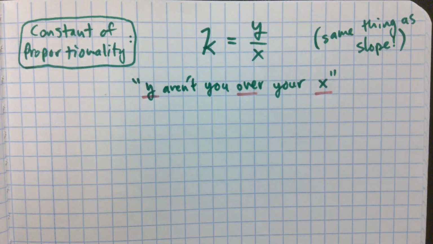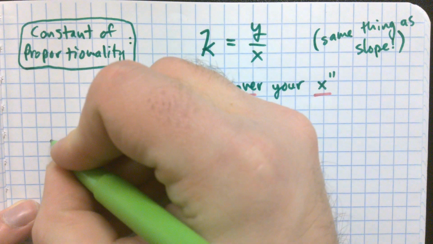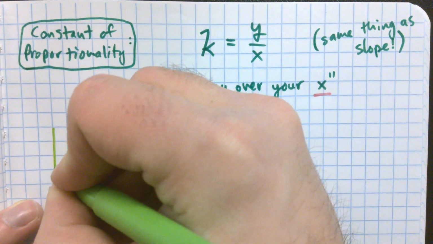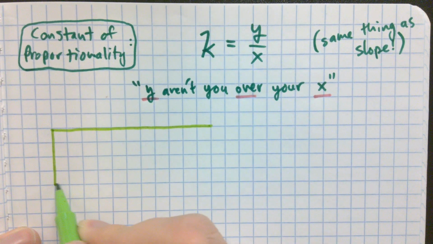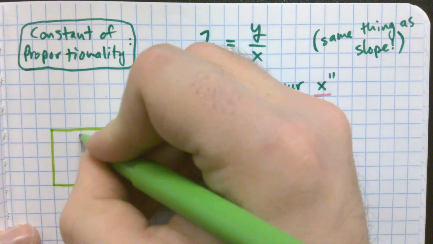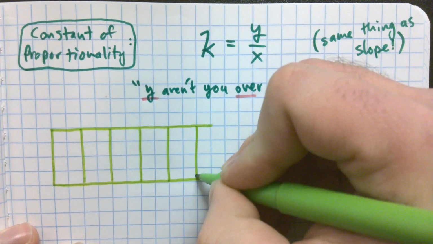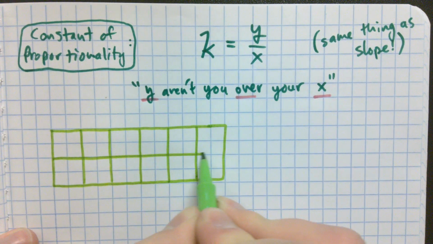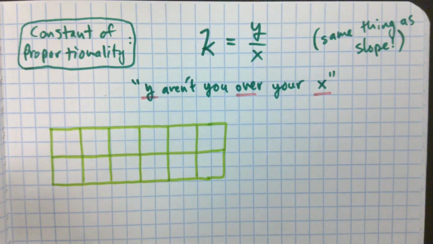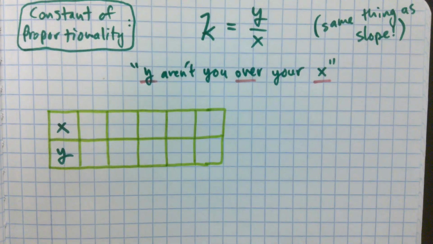So if we want to find k, we can have a table that looks something like this. Where my x is on top, my y is on the bottom.